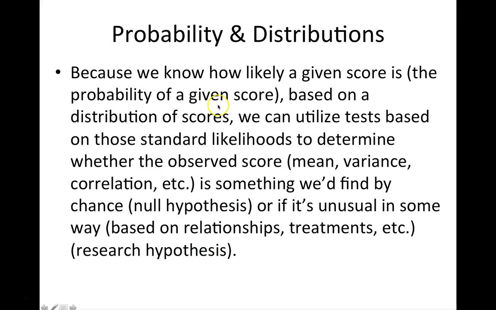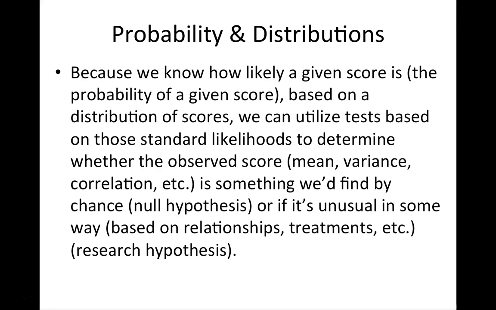So using what we know about probability and the normal distribution and sampling distributions, because we know how likely a given score is, so the probability of a given score based on a distribution of scores, we can utilize specific statistical tests based on those standard likelihoods to determine whether the observed score, and that could be a mean, a variance score, a correlation, etc., is a score that we'd find by chance.